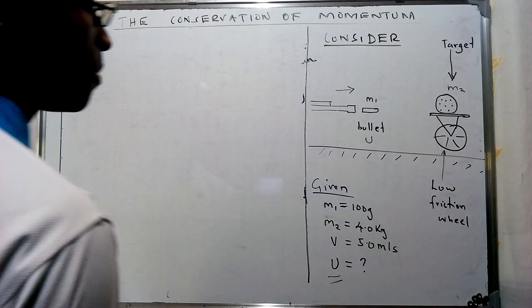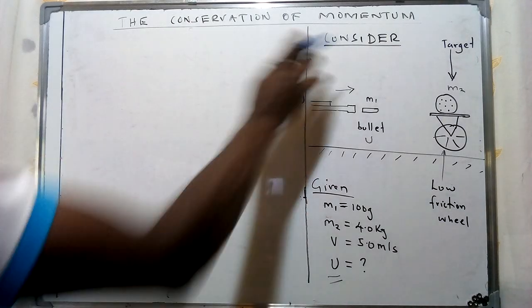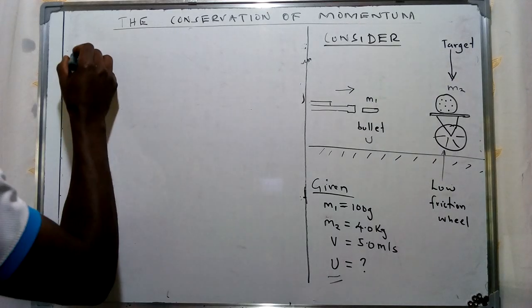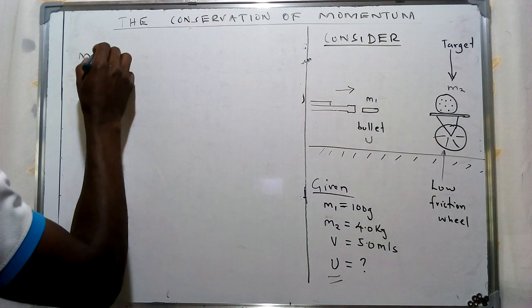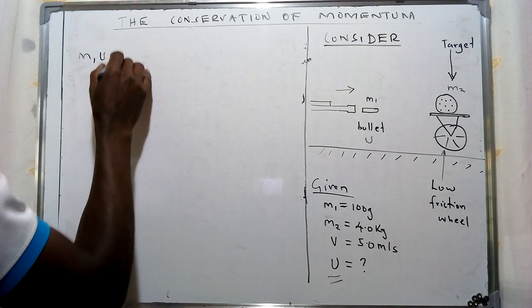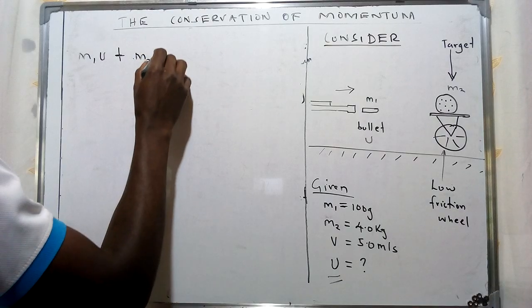But as we said, the bullet is going to be embedded in this target, and therefore we're going to consider a case of having the same velocity but different masses. Now, we can give this relationship for momentum as the mass of the bullet, given as m1, times the velocity, plus the mass of the target, given as m2, times the velocity.